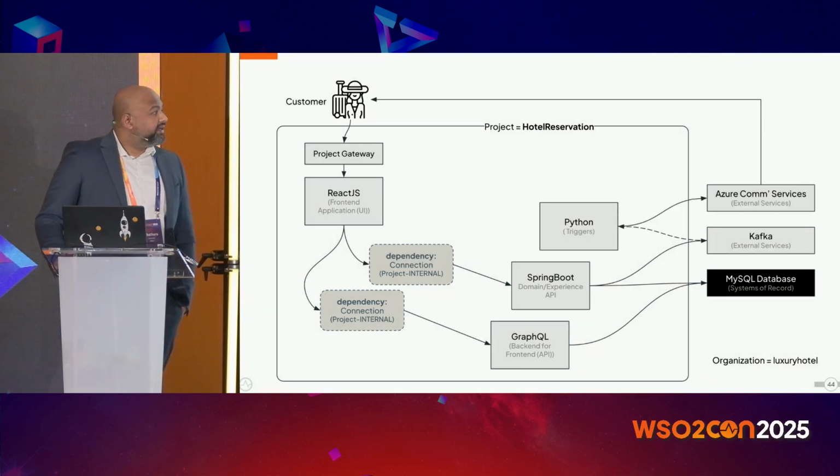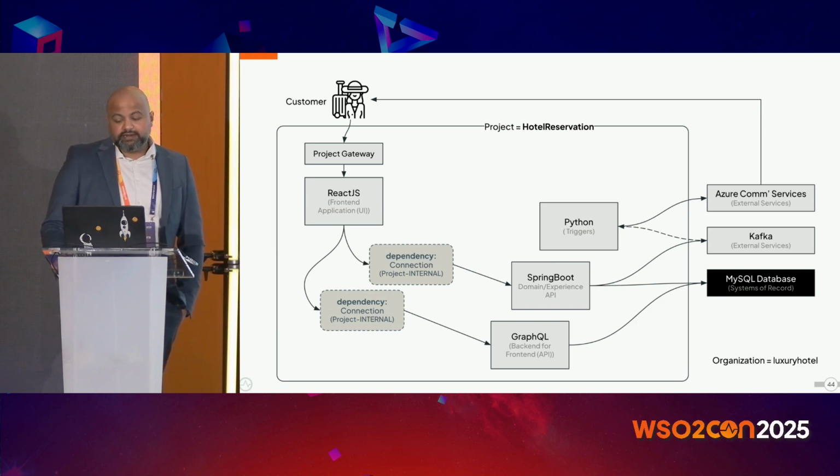And then we have another component in this demo setup, which is a Python program, which should read the messages published to the Kafka broker and send an email to the customer confirming the action through Azure Communication Services email. That is our demo setup.